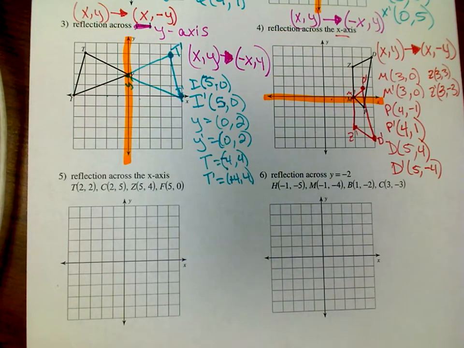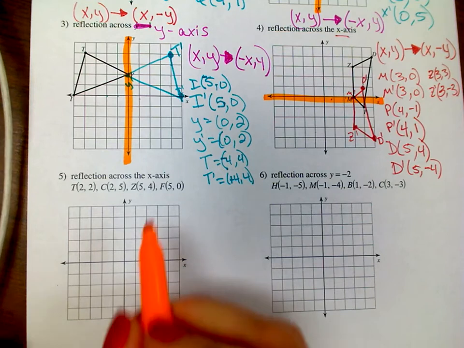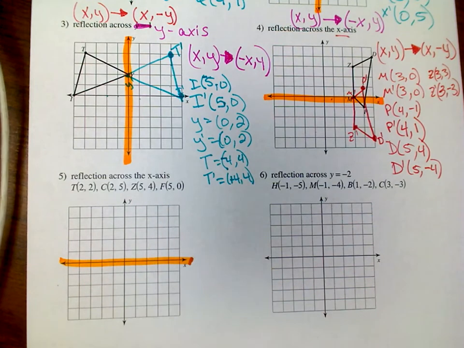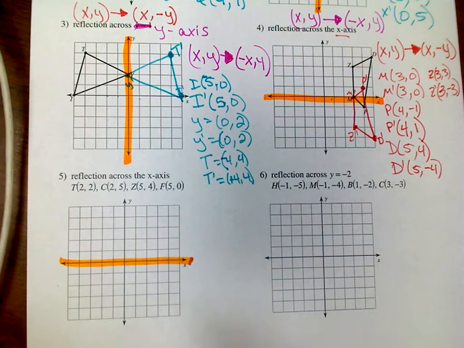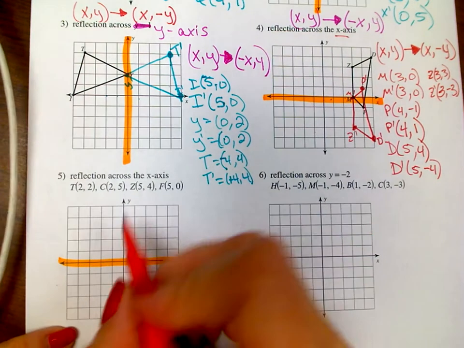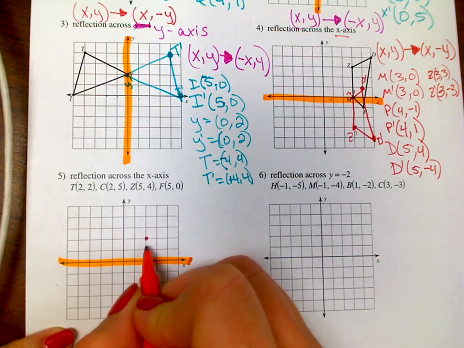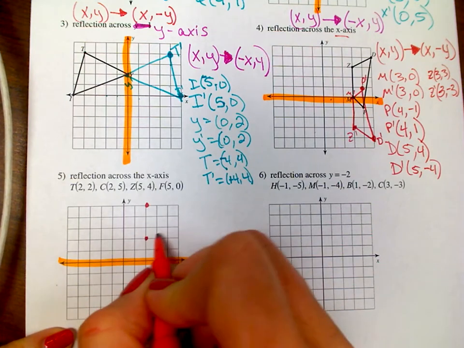Number 5, reflection across the x-axis. I want to highlight my x because it's going to reflect over it. Let's put down the original first. 2, 2, 2, 5. I need to label them.